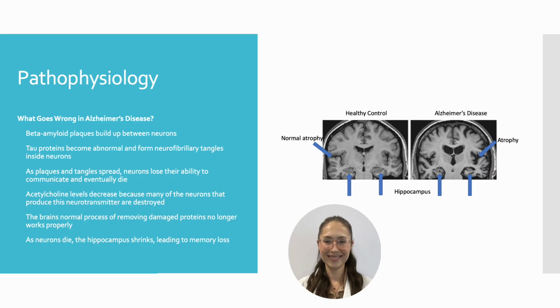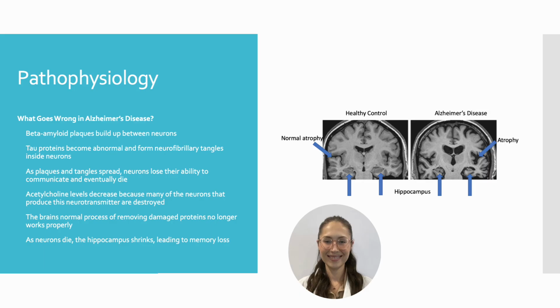These plaques and tangles block communication between neurons and eventually cause them to die. As more brain cells are lost, levels of acetylcholine, a neurotransmitter that is important for memory and learning, also decrease. The brain also has trouble removing damaged proteins, so they continue to build up and make the disease even worse.